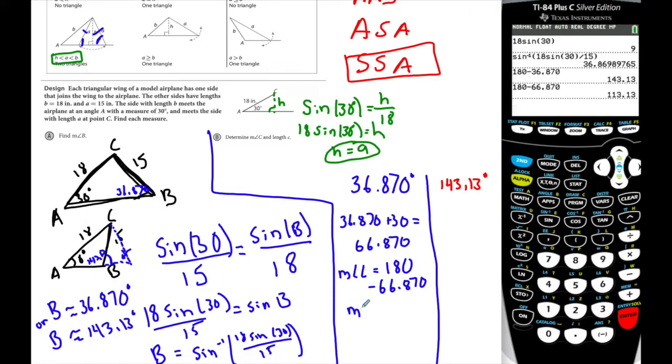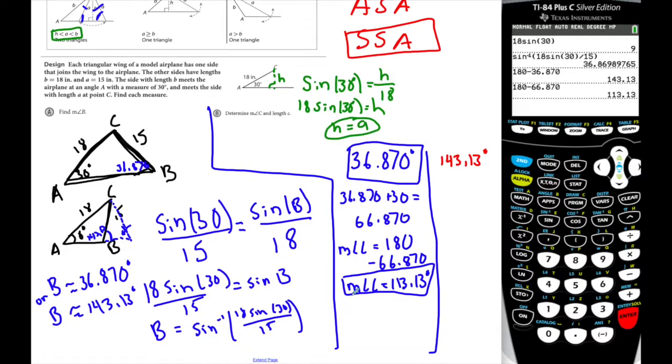So that's this triangle, angle C equals 113.13. Okay, so solution one, angle-wise, is that we get 36.87, 113.13, and 30 degrees.